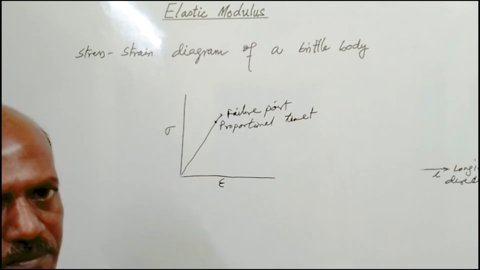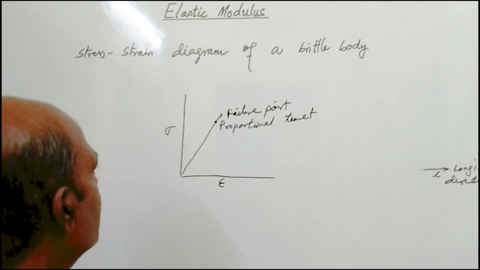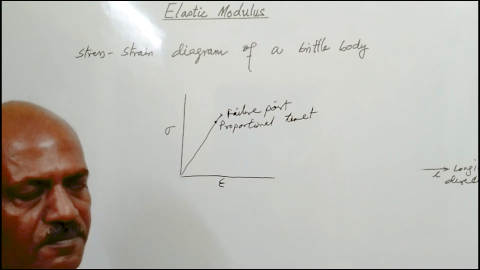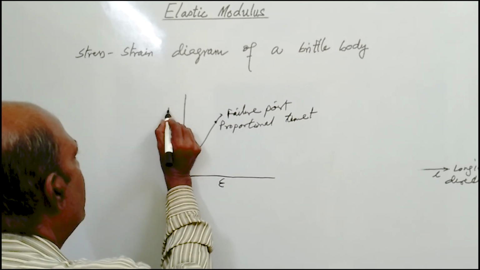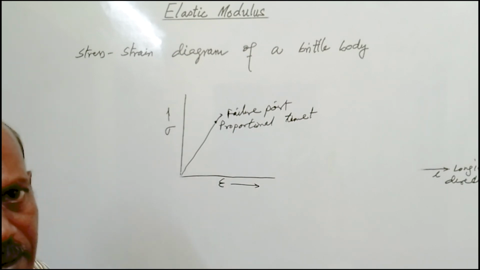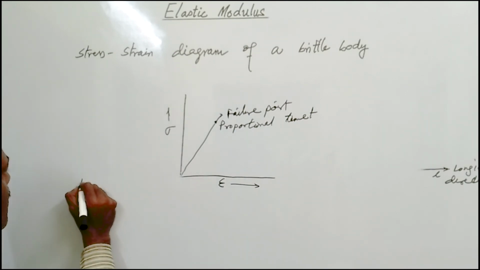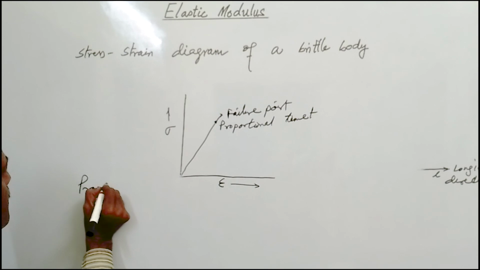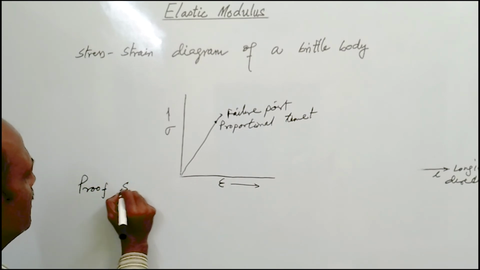For this, we are considering another term to define yield point. Okay, so that is called proof stress.